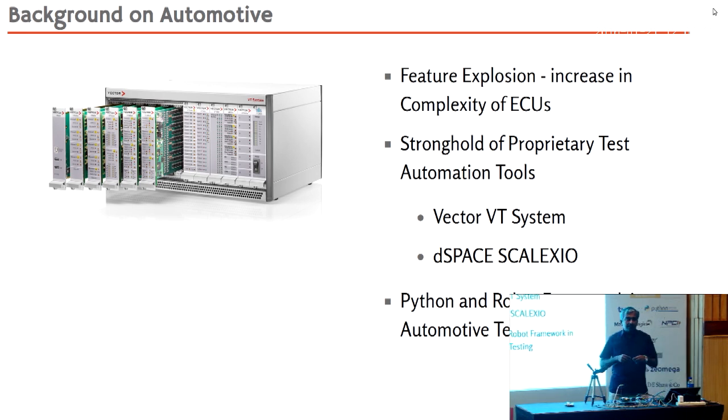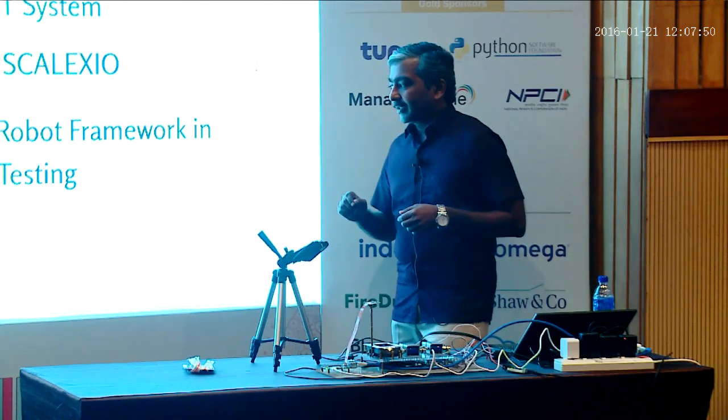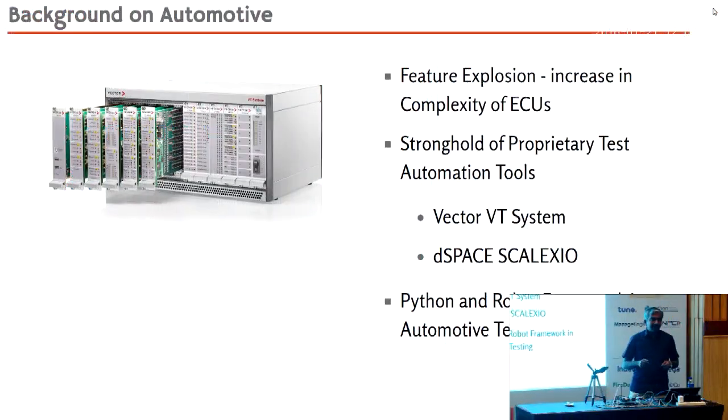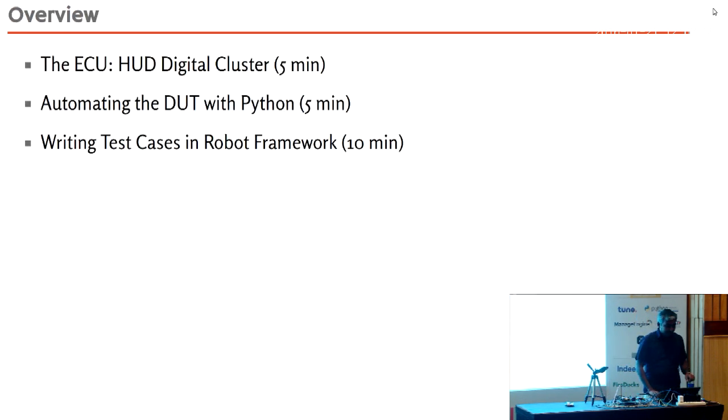These tools prove to be insufficient for the complexity of modern ECUs, and that's where Python and Robot Framework come into play. They can work with existing tools, augment them, and also replace them. We'll see how that's possible through a series of demos.